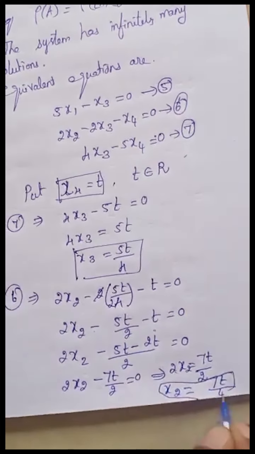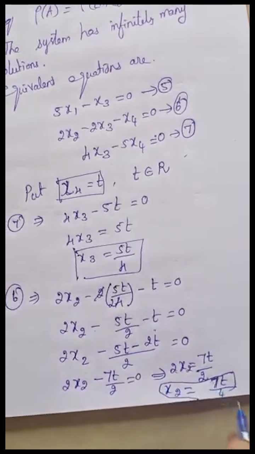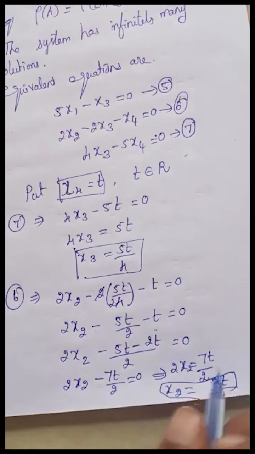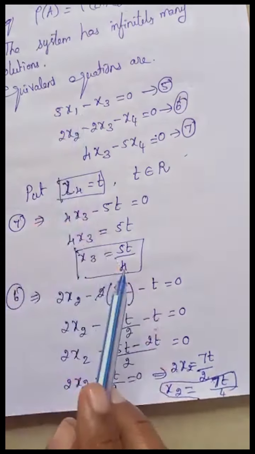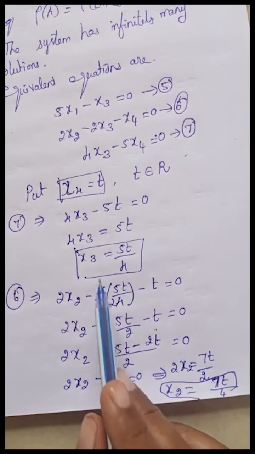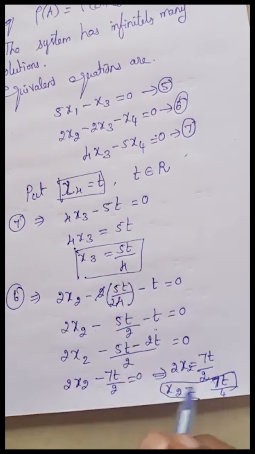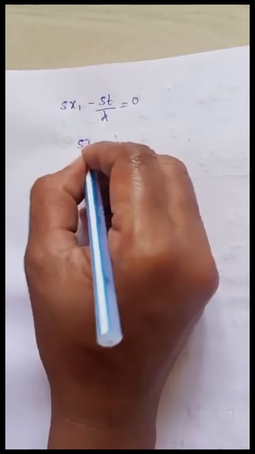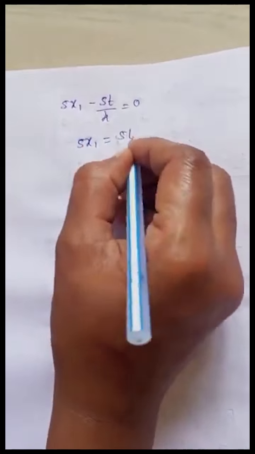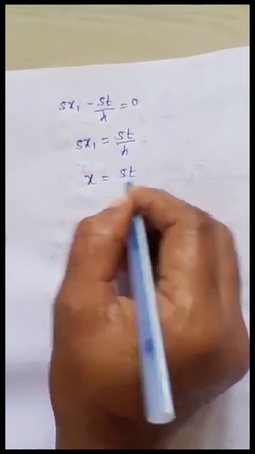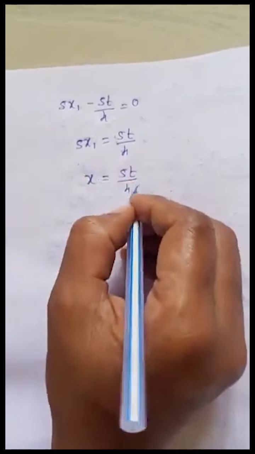So we have got the value of x2 also. Now all these we have to substitute in equation number 5. 5x1 minus x3. The value of x3 is 5t by 4. Shall we substitute? See, 5x1 minus 5t by 4 equal to 0, or 5x1 is equal to 5t by 4, or x1 is equal to 5t by 4 into 5.